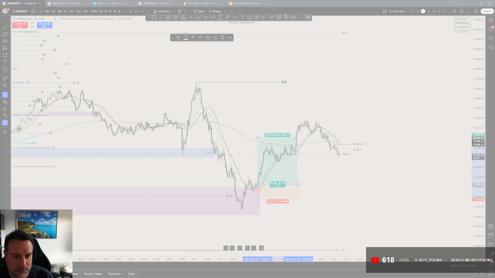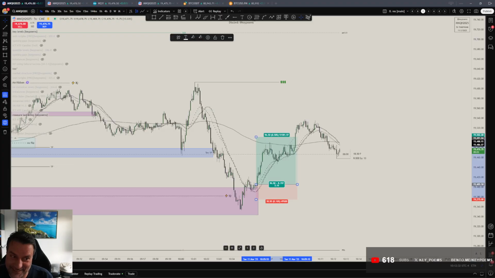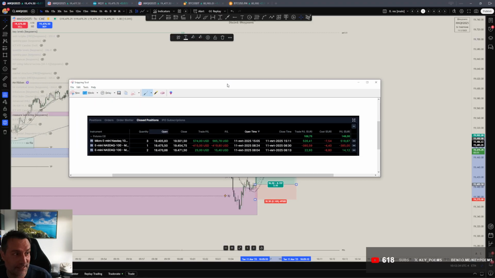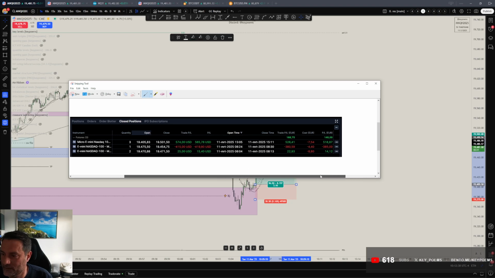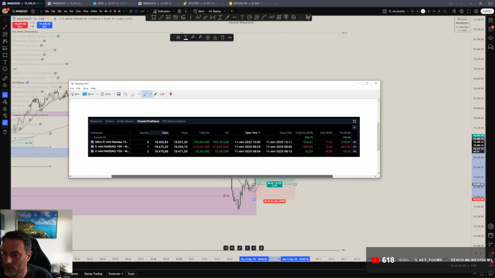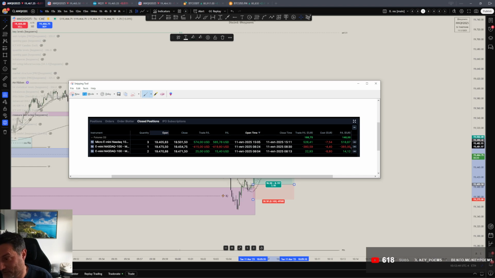So I took a loss this morning because I was up 500, and then so here are the trades I took today. One break even, one loss because it was a 500 euro win, and then I re-entered. I don't remember where.